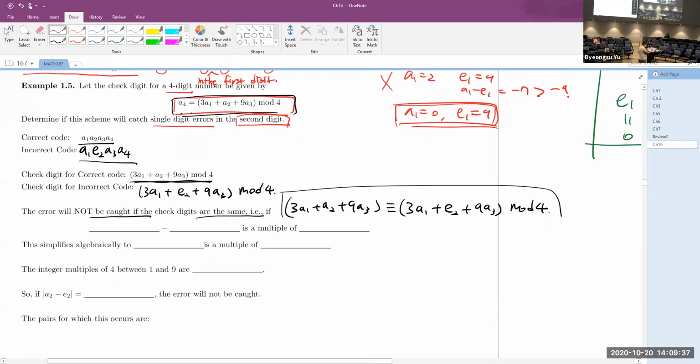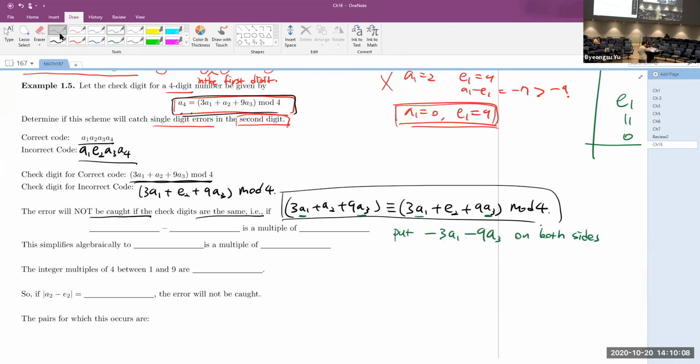So what you want to find is the numbers A2 and E2 which make this equation true, right? Then you can simplify this equation. Since we know that the A1 parts are the same and the A3 parts are the same, put negative 3A1 and negative 9A3 on both sides.